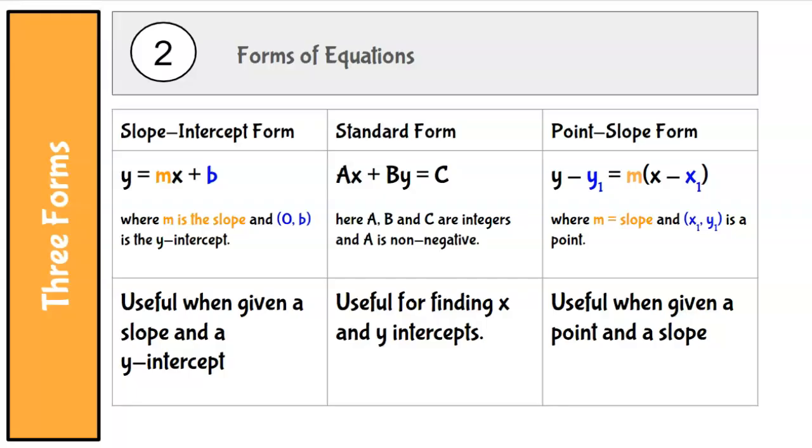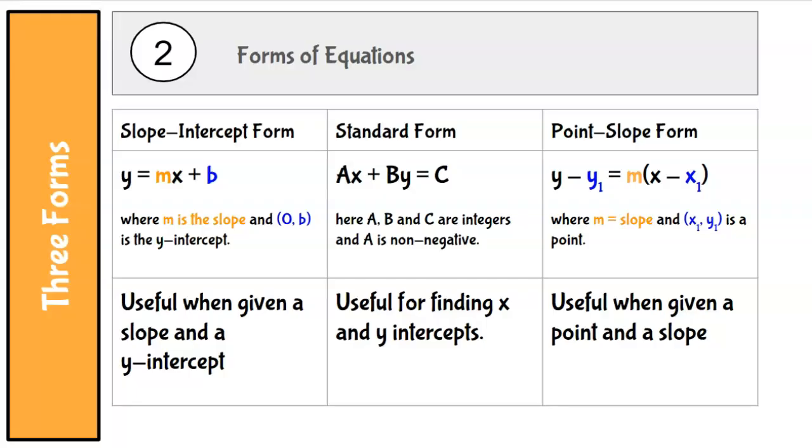So you should also be flexible thinkers and be able to convert between slope-intercept form and standard form, between standard form and point slope, well, maybe not that way, but you should be able to go point slope form into slope-intercept form. You should be able to do standard form into slope-intercept form and then slope-intercept form into standard form. The most useful thing is actually converting into slope-intercept form, but occasionally you might want to convert into standard form. More on that later.